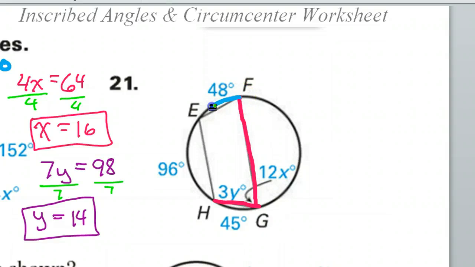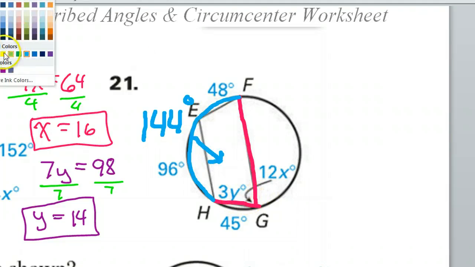I'm sorry, look at the intercepted arc. That's what I mean to say. Alright, that blue is my intercepted arc. That is 96 plus 48. That is 144 degrees. Okay? Now, half of that should be the inscribed angle.